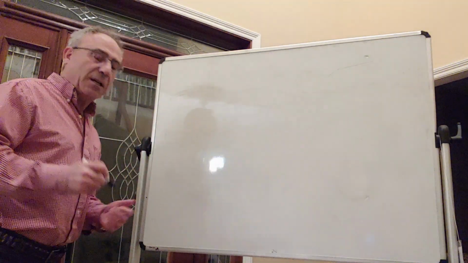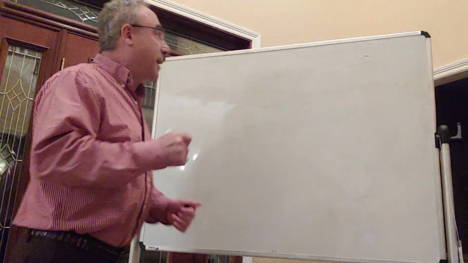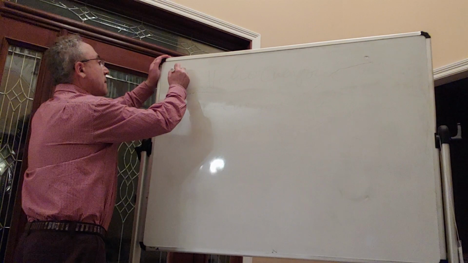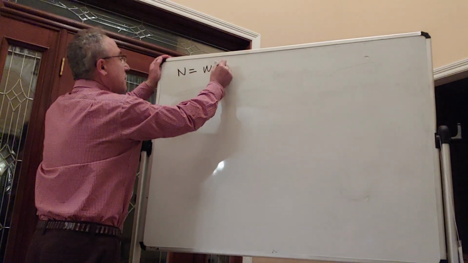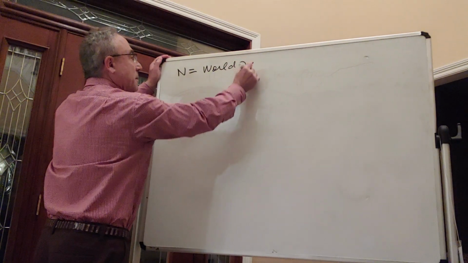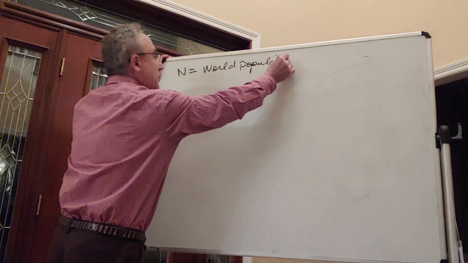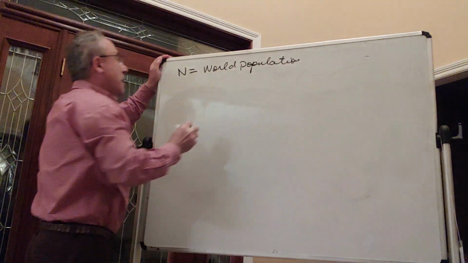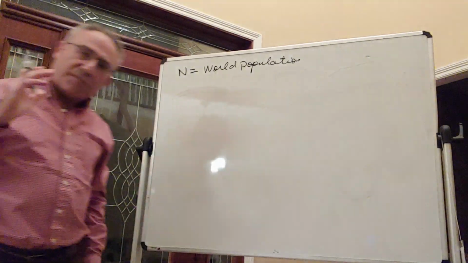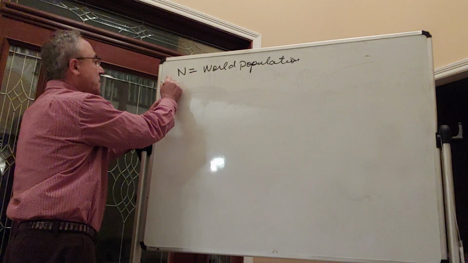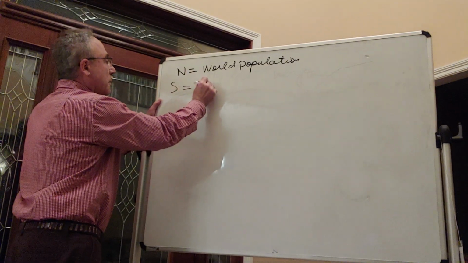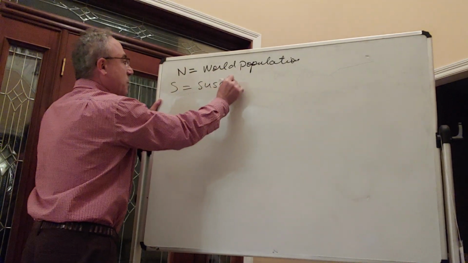Okay, so let's say we have a world population, N, equal the world population. Now the world population is going to be divided into three categories. Those who are susceptible, S, meaning people who are susceptible.